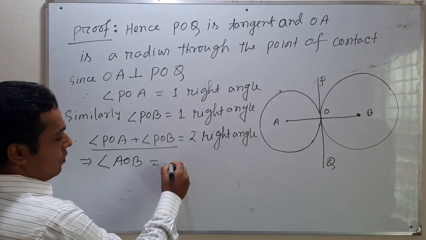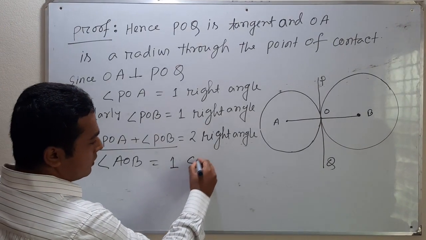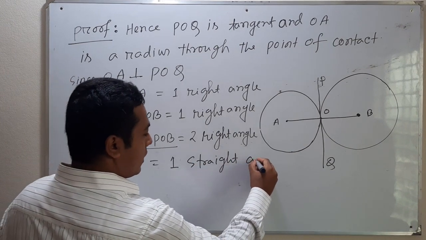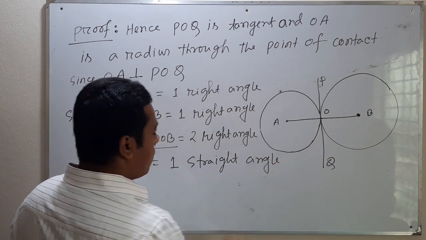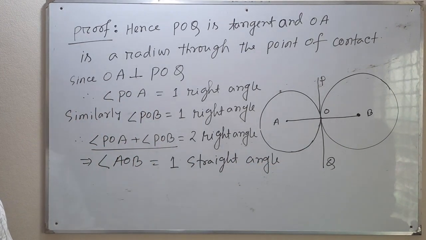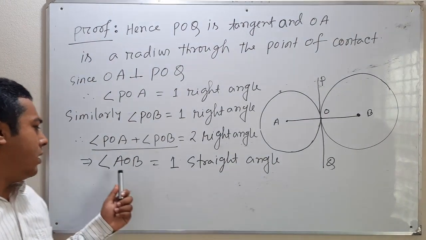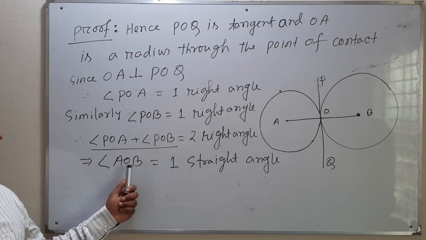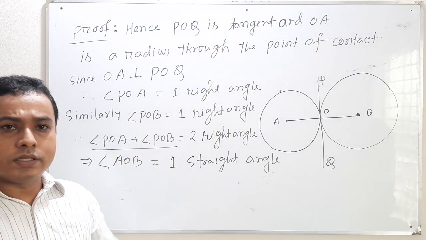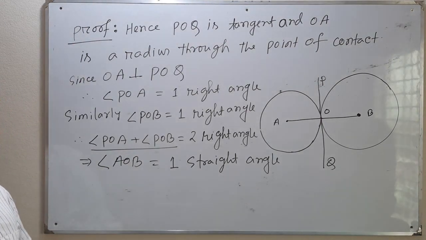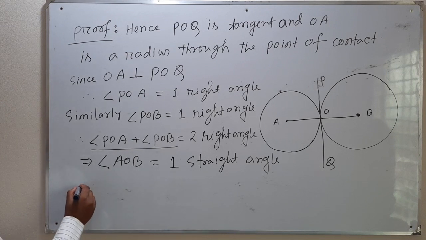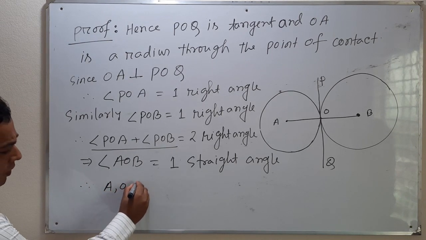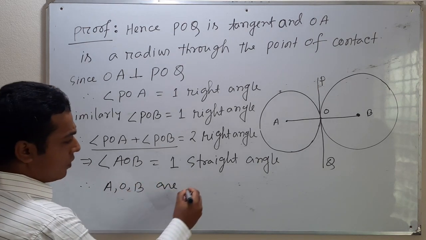A straight angle means that points A, O, B create a straight line. Therefore A, O, B are collinear.